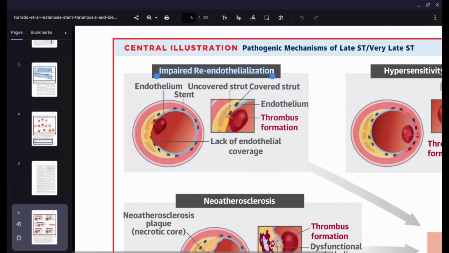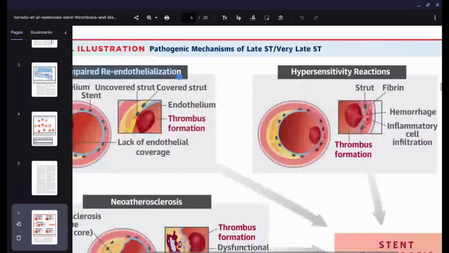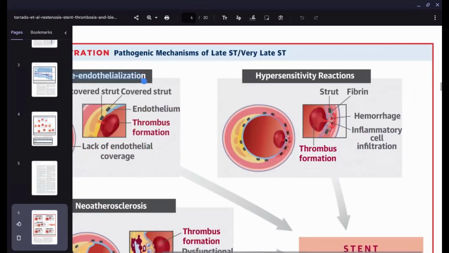What happens in this? Typically, the circumstances there don't help endothelialization. That is one reason. Sometimes the strut that you put in can also irritate the wall, irritate the endothelium, eventually damage it, rupture it.